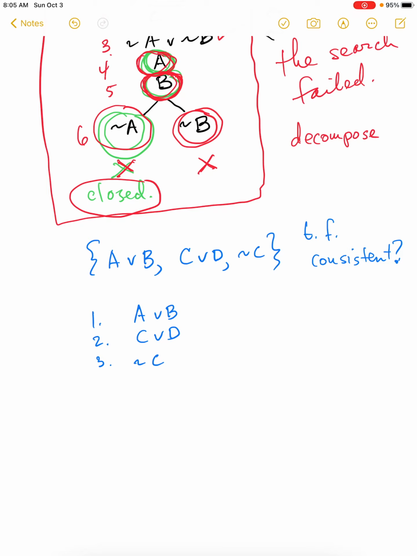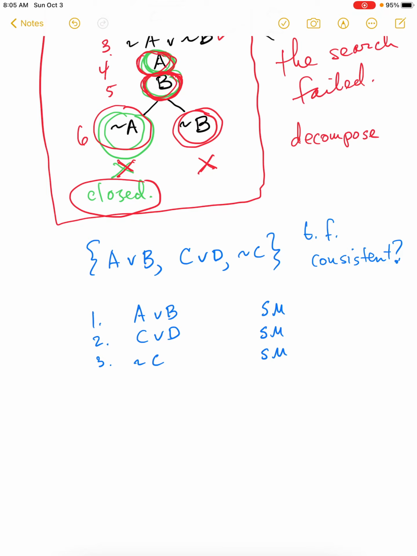Now lines 1, 2, and 3 were set members, and so we write to the right SM for set members. Okay? And now we're going to think about how a truth value assignment could make these set members true, and we're going to take them one by one.